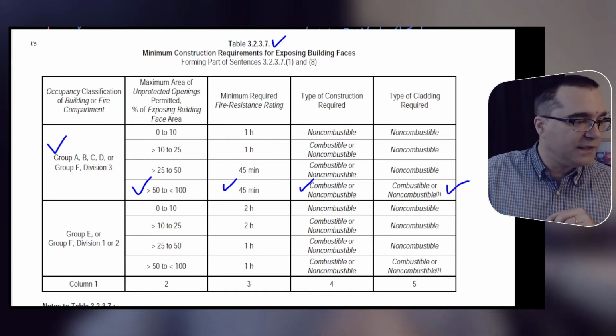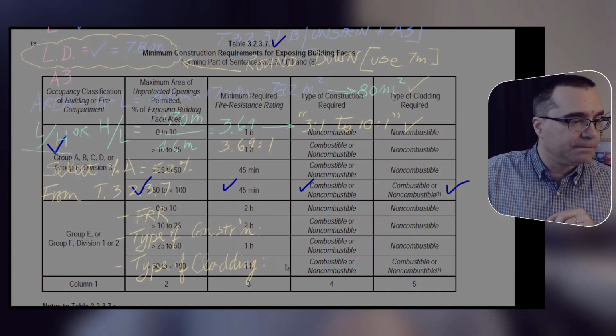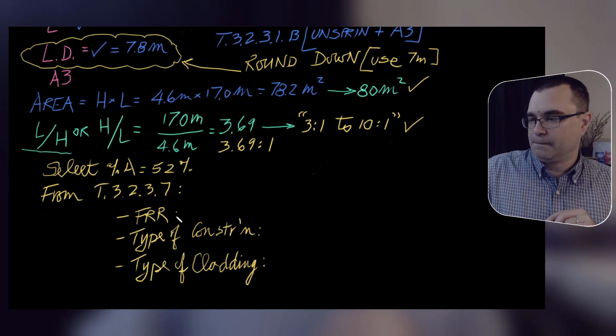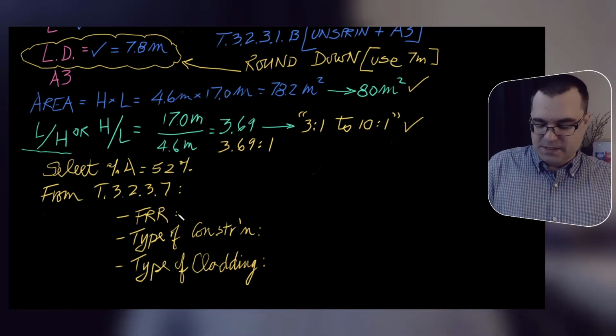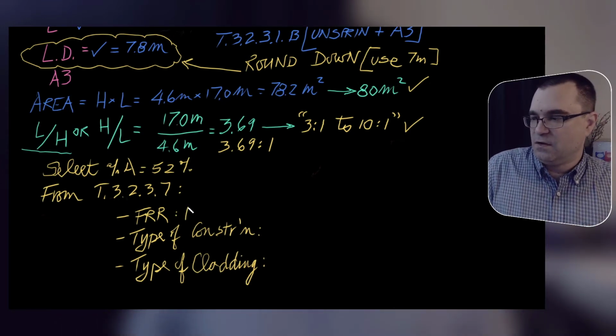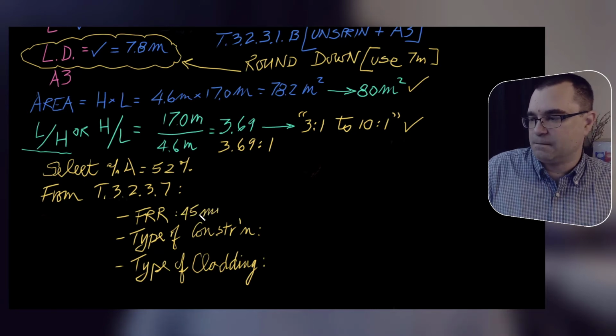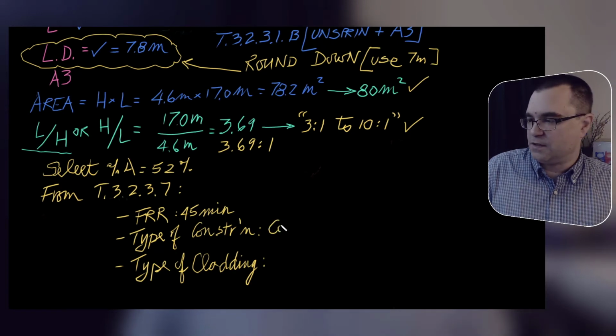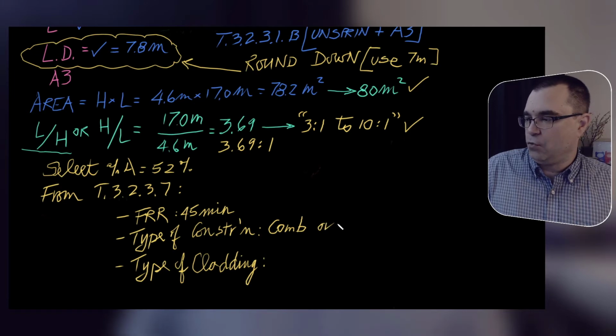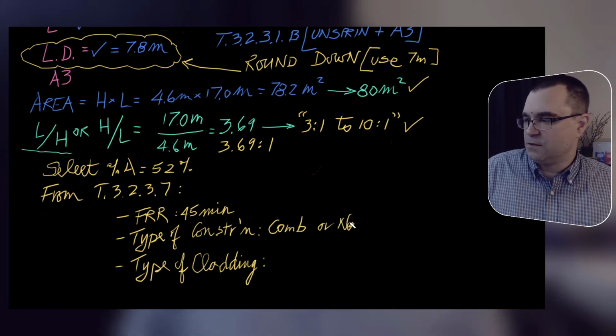So let's write that out. The fire resistance rating is 45 minutes. The type of construction required is combustible or non-combustible.